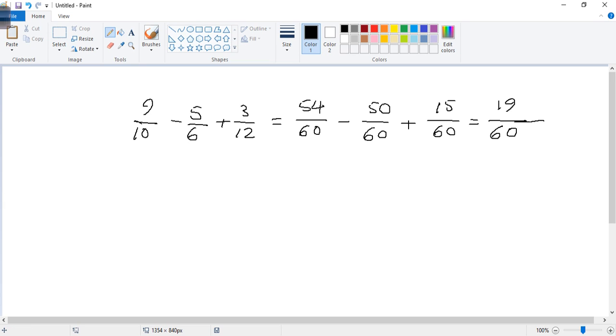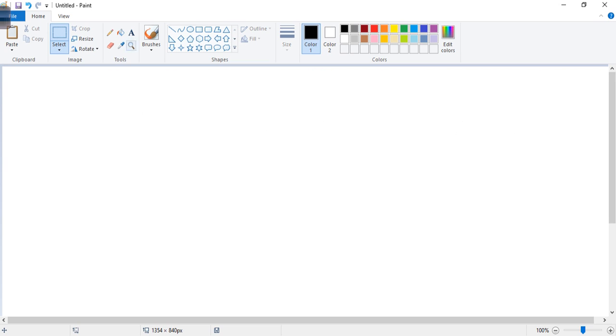We go to improper fractions or mixed numbers. If the question is 3 and 1 over 5 plus 2 and 3 over 7, to make these two together, we make them improper fractions. 3 times 5, 15, plus 1 will be 16 over 5, plus 2 times 7, 14, plus 3, 17 over 7.